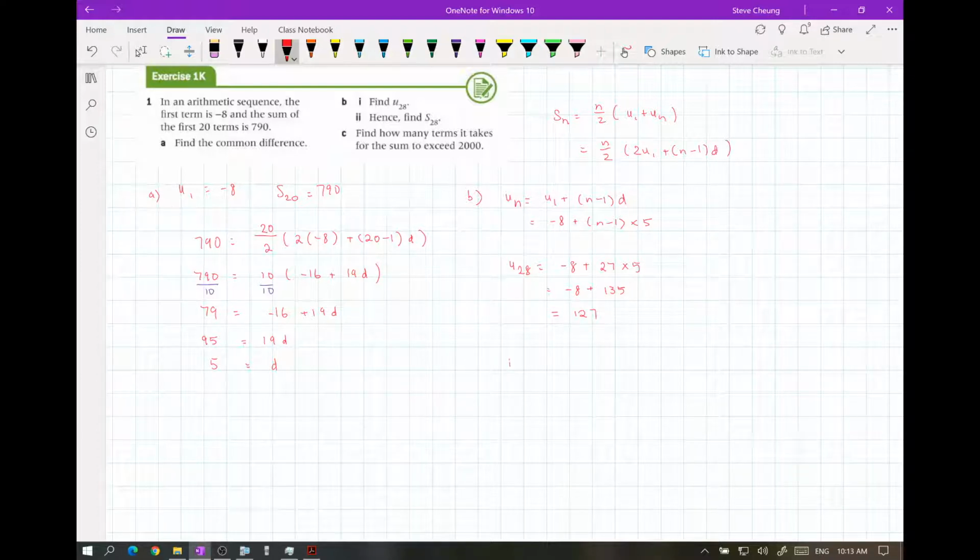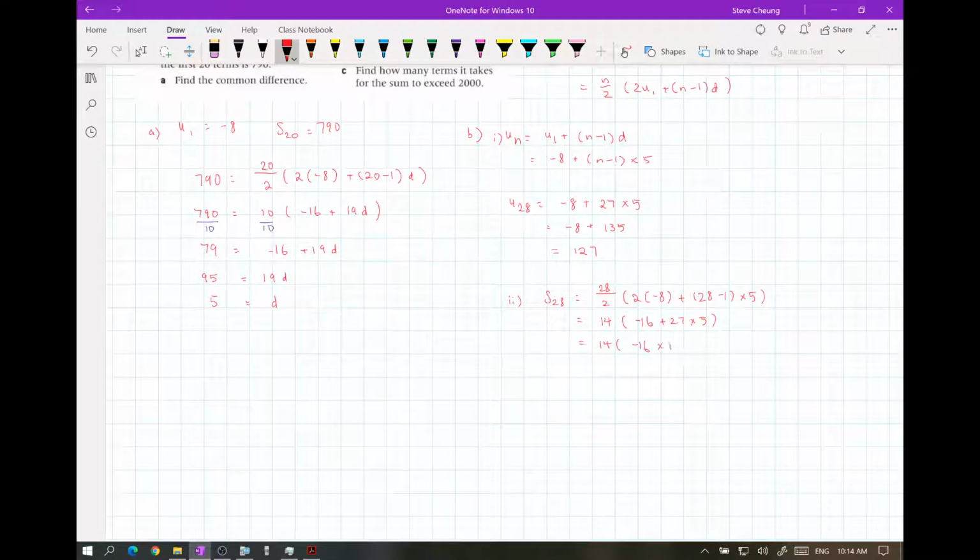And hence, find the sum of the first 28 terms. So go ahead and just use the second form of the sum formula. This will be 28 minus 1 times 5. I'm going to simplify 28 divided by 2 to be 14. And this is 27 times 5, which is 135.